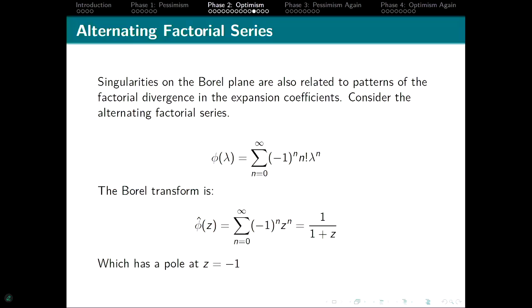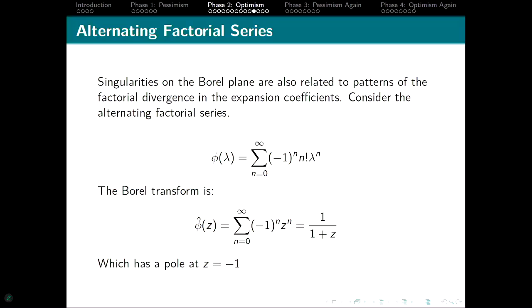So just to give some intuitions here about this Borel transform, because it's quite important for understanding these ideas. As I was saying, singularities on the Borel transform are related to the rate and the type of factorial divergence you see in the large order coefficients. And it's helpful to look at a couple of simple examples.